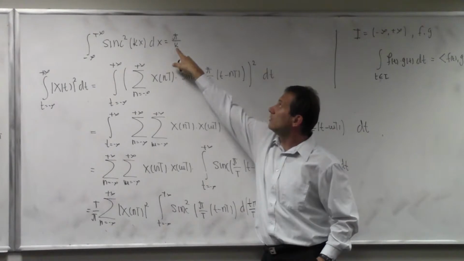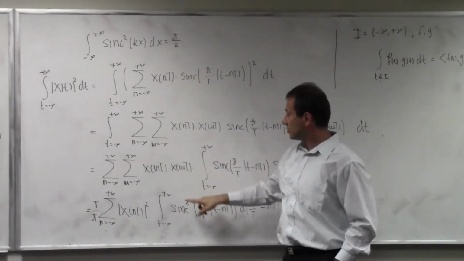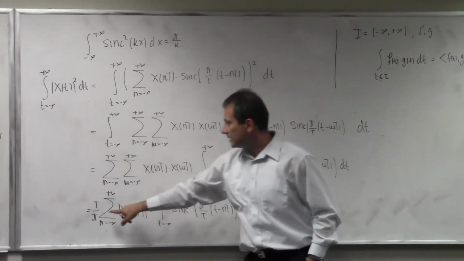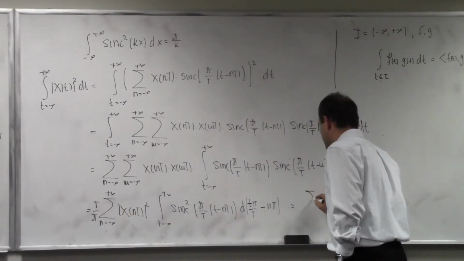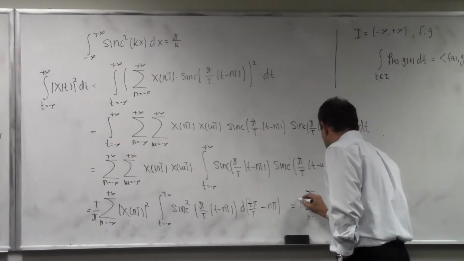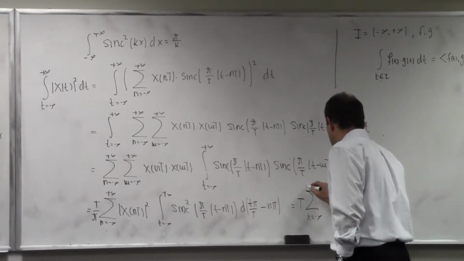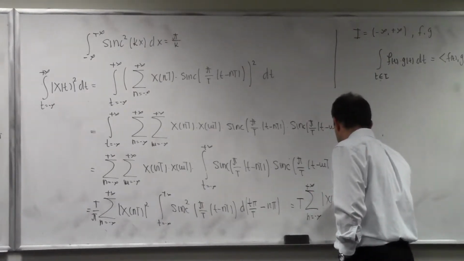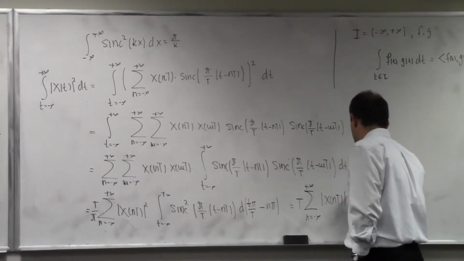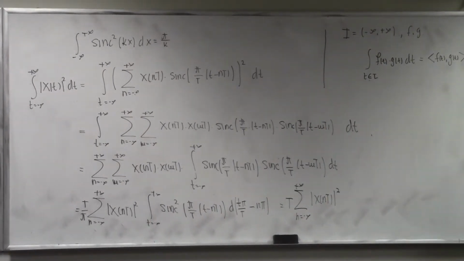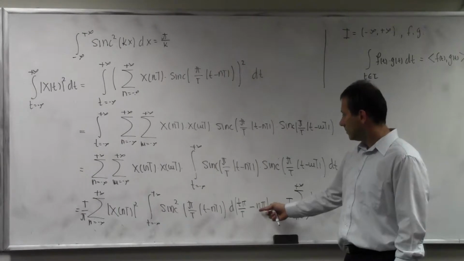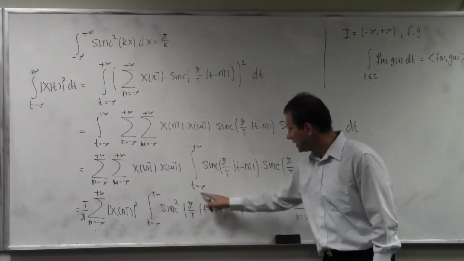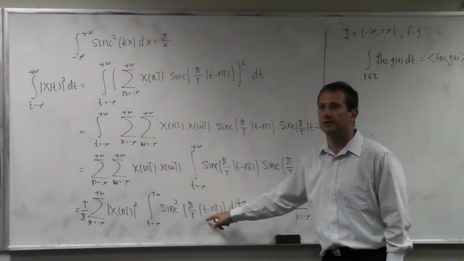And this, for k equal to 1, is equal to pi. So this whole thing here is pi that cancels with this pi. So this ends up being the sum, n goes from minus infinity to plus infinity, T up front, x of nT squared. Where's the minus n pi? I can add it arbitrarily, right? Where else do you have to add it? Because I want this to be the same as what is underneath the sinc.